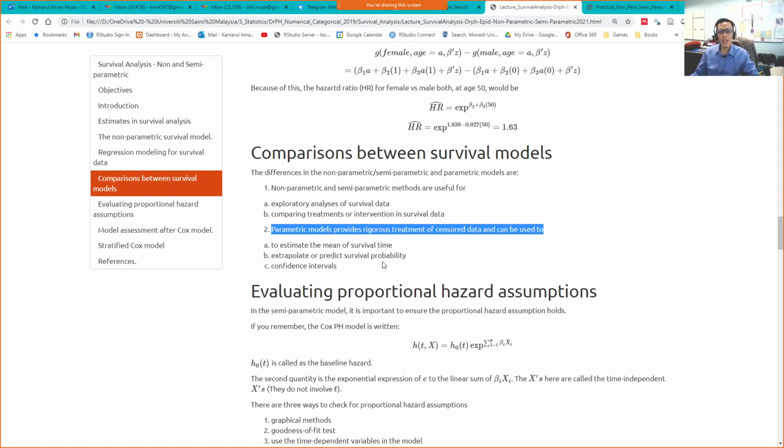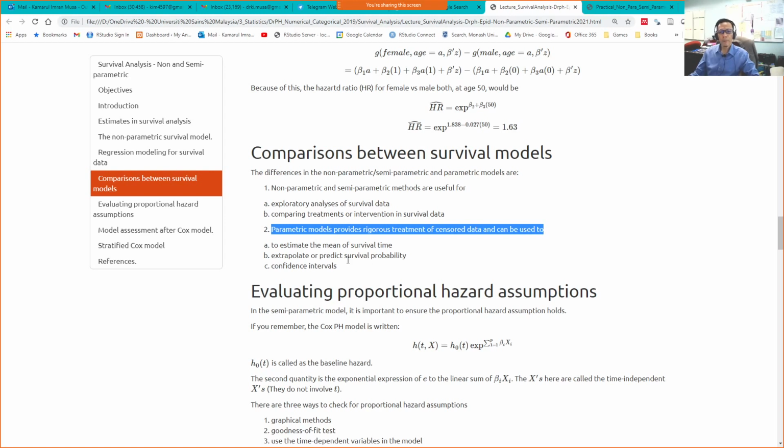They can provide the mean of survival time. Non-parametric and semi-parametric cannot provide the mean of survival time. It can extrapolate or predict survival probability.